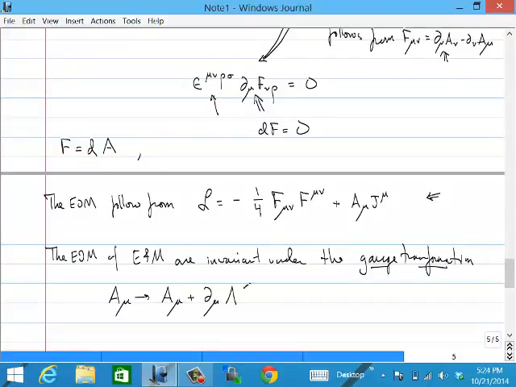So you imagine that lambda is some function of x and t, which is known as the gauge parameter.